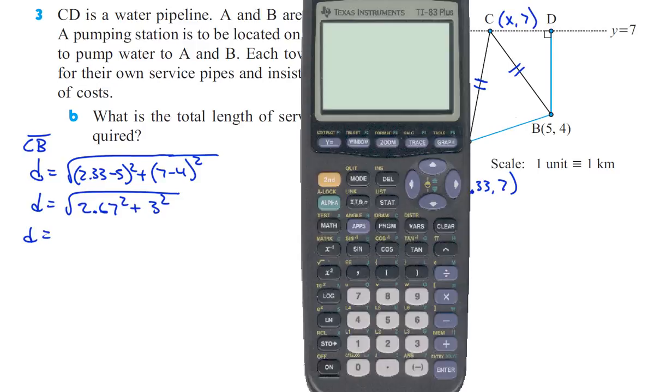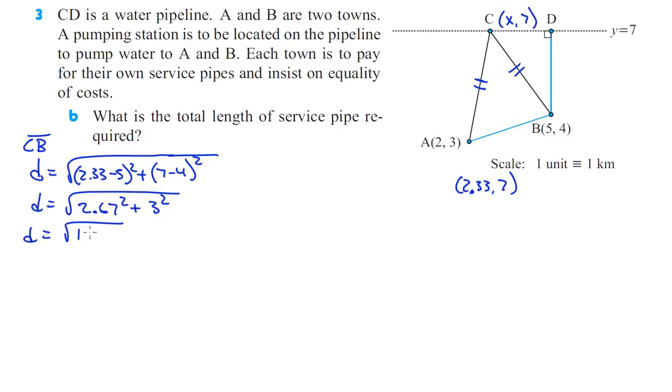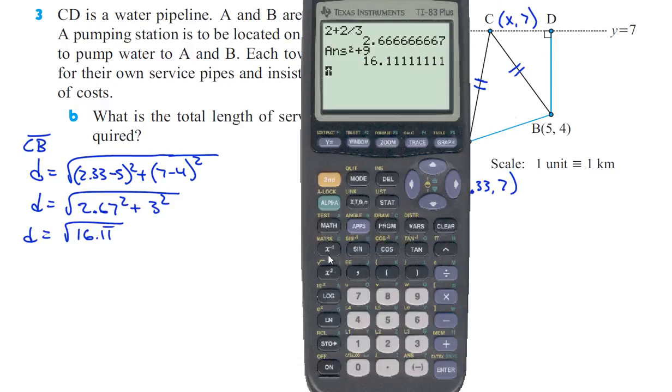So let's figure that out. That's going to be 2 2/3, square that, and then add 9 to that, and we get 16.11 repeating. Then we'll just square root that answer.